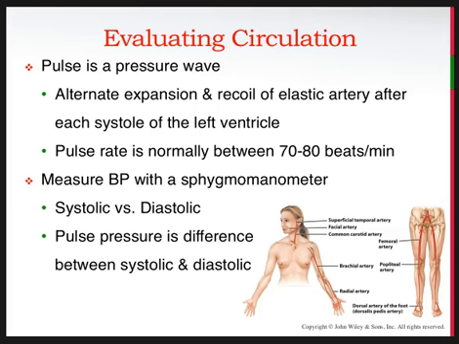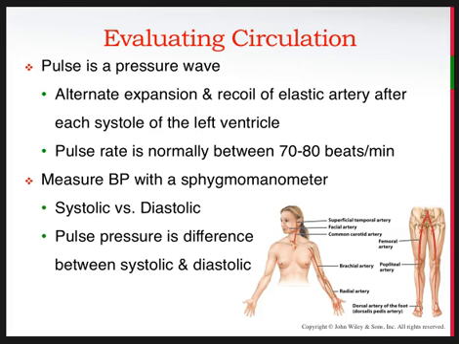We have an expansion and a recoil of those elastic arteries, and those happen after each systole of the left ventricle. Systole was contraction, right? So when that ventricle contracts, I'm going to have an expansion of that arterial vessel, and then as ventricular diastole occurs and that chamber relaxes, I'm going to see that vessel start to recoil back to its normal diameter.